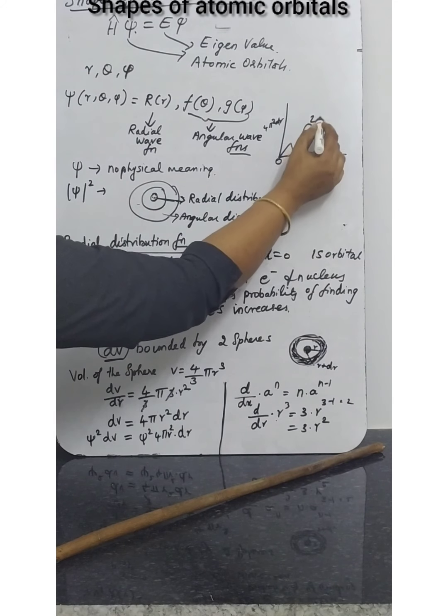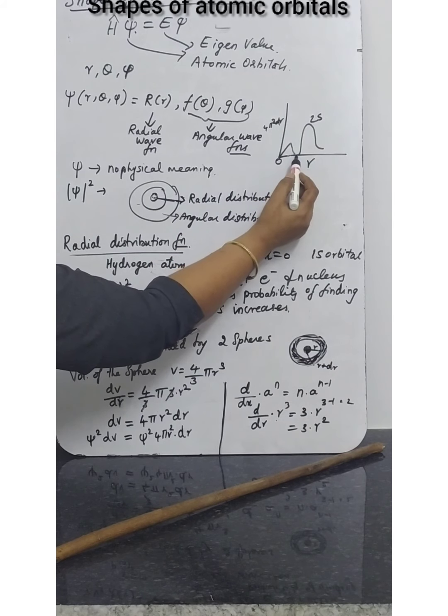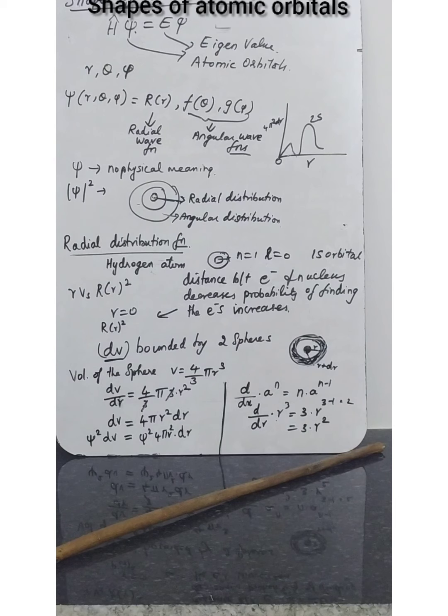This is the 2s orbital. Understood? The probability of finding the electron being 0 means node. So in the 2s orbital, 1 node is present.